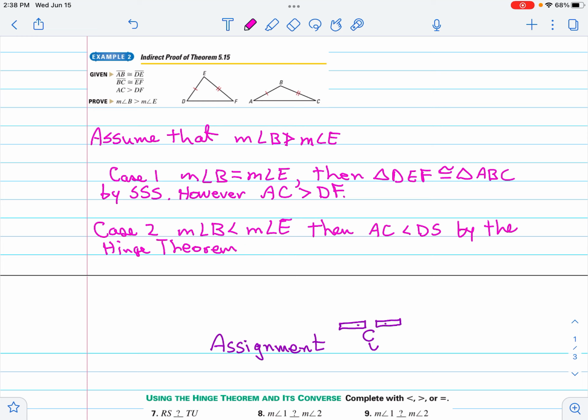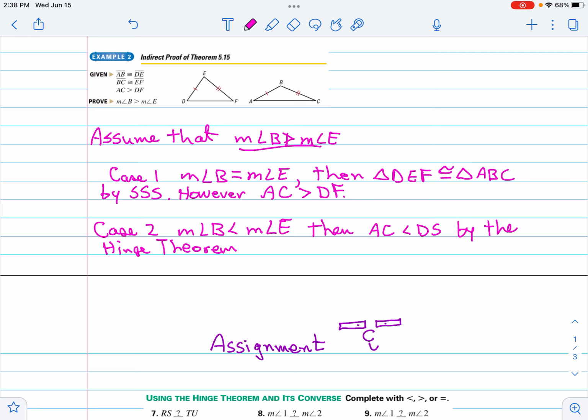So if we make this assumption, we see that it just leads to contradictions. Therefore, the opposite must be true.